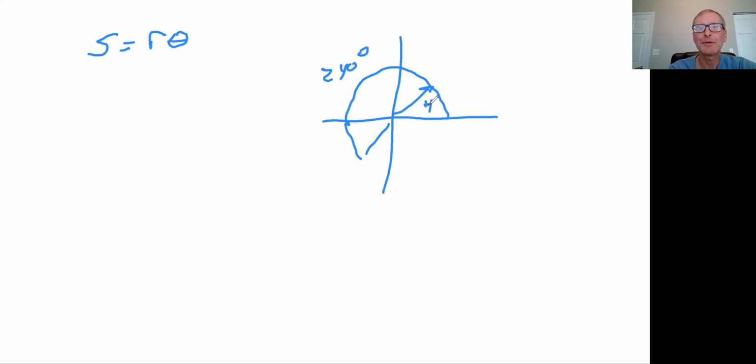So when we do this calculation, remember that, say like this was 4 inches. So when you want to measure the S value, which is the distance traveled from this point all the way around to this point, you also want that to be in inches.